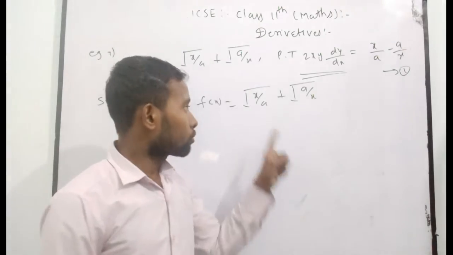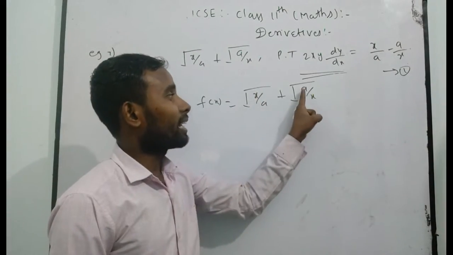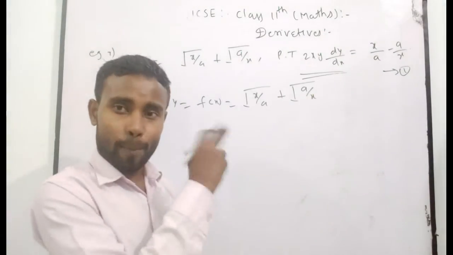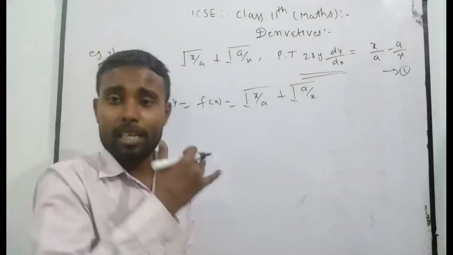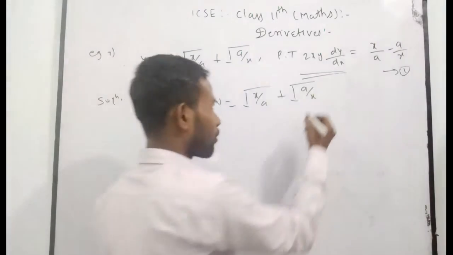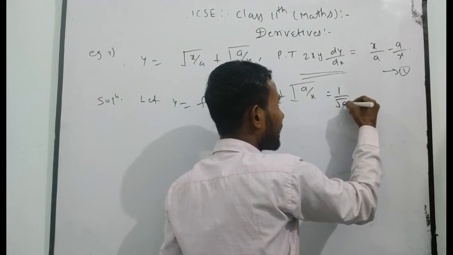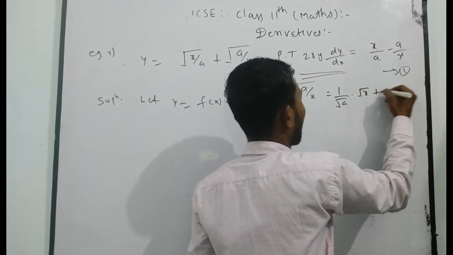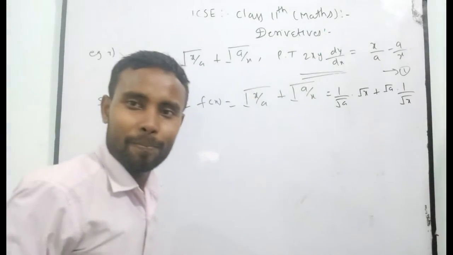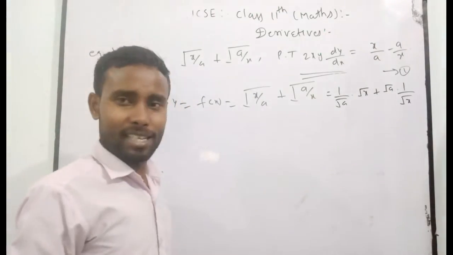Have you understood? So here a is given, both will be constant. So I want to separate it because during differentiating we take out constants from derivatives. So can you write it as 1 upon root a into root x plus root a into 1 upon root x? Can you write? I think you understand very easily.